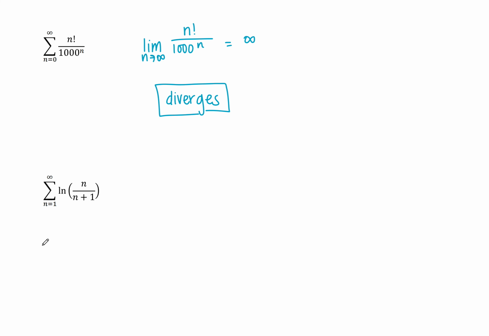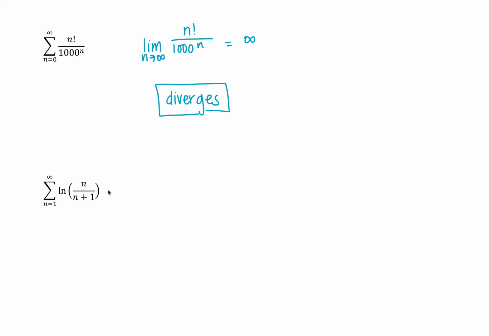Now, this last one, we're looking at the series from n is 1 to infinity of the natural logarithm of n over n plus 1. In this case, I'm going to rewrite it a little bit. It's going to make finding my partial sum a little easier.